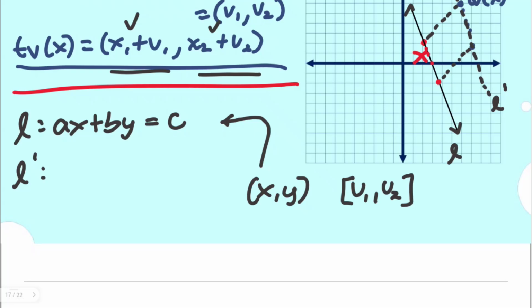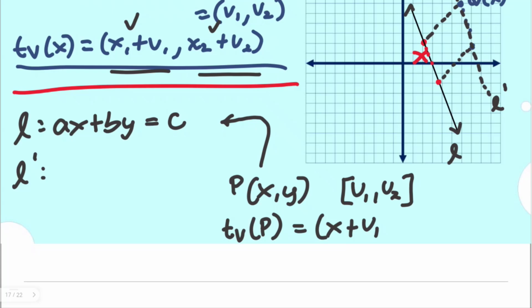That would mean for every translated point, let's say point P, the translated point of P is equal to x plus v sub 1 and y plus v sub 2.